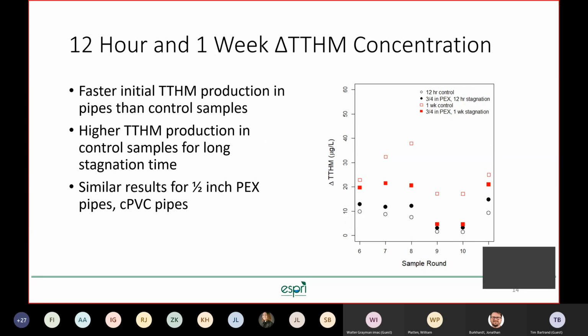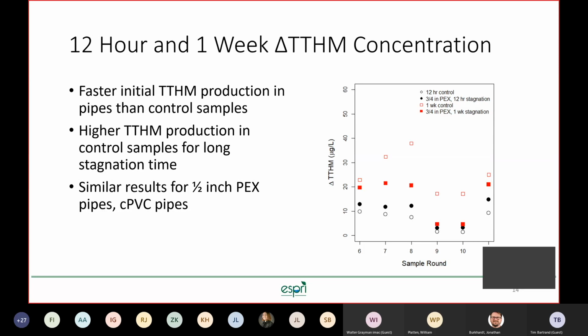One other plot on the subject: we looked at total THM concentration over 12 hours and 1 week, and I'm showing results for 3/4 inch PEX pipes in the plot on the right. Again, sample round, which is time, is on the x-axis, and the change in the THM concentration, either over a 12-hour stagnation period or a 1 week stagnation period, is shown on the y-axis.